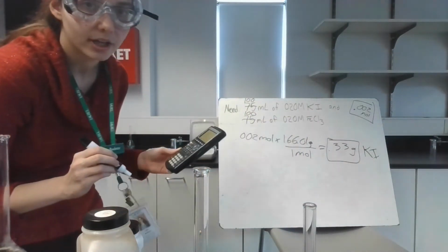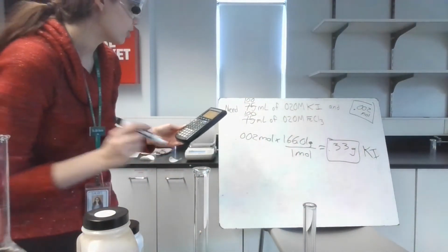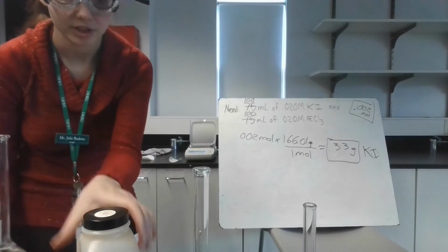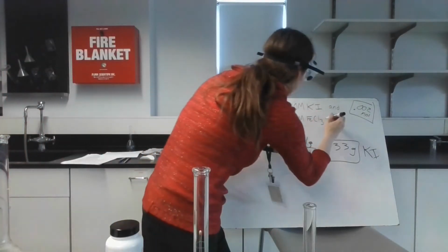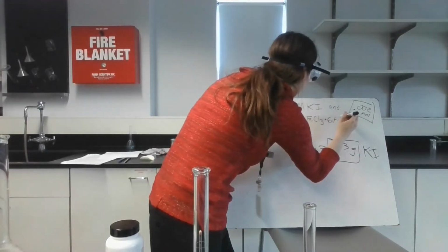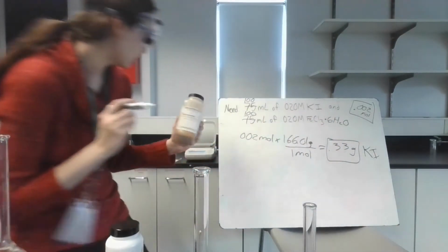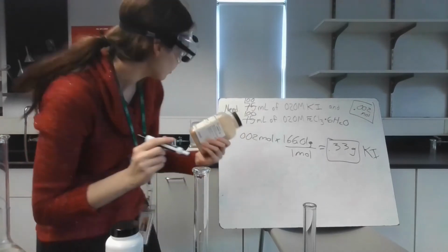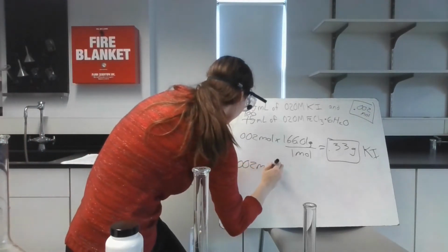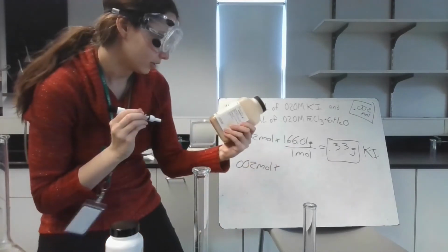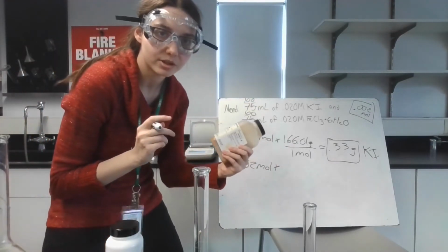So now we have our FeCl3, which again is actually FeCl3 times 6H2O, so let me just edit that. And I still need 0.002 moles. This is 270.32 grams per mole.